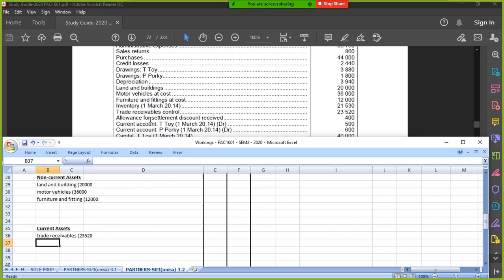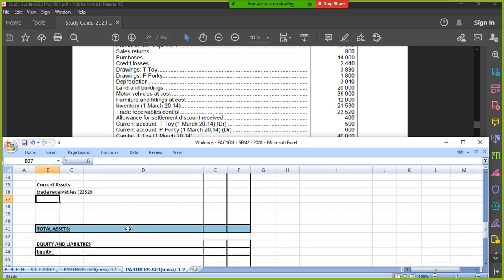Allowance for settlement discount received. Okay, this is an allowance for a future discount. Discounts are received from who? Suppliers. Yes. So here you've got an allowance for discounts that will affect your trade payables. Does that make sense? Because who do you receive discounts from?